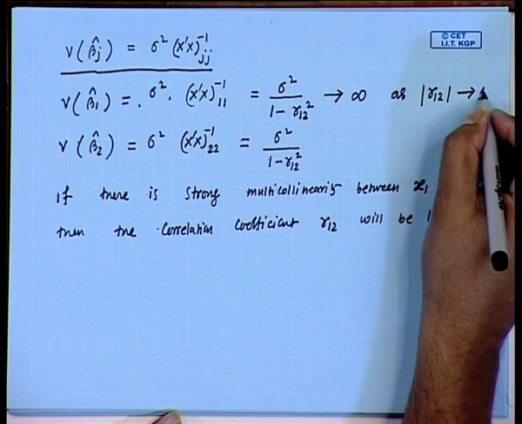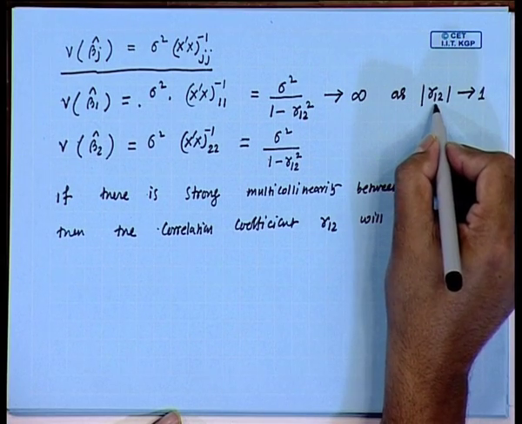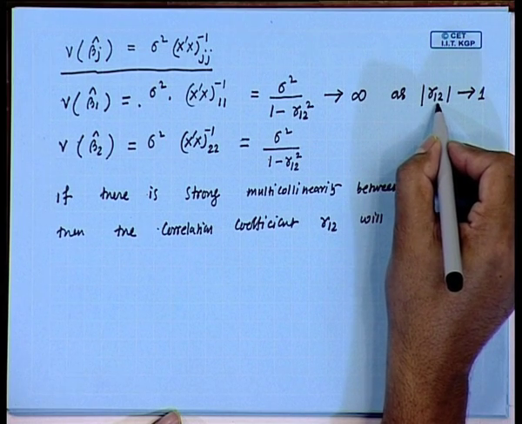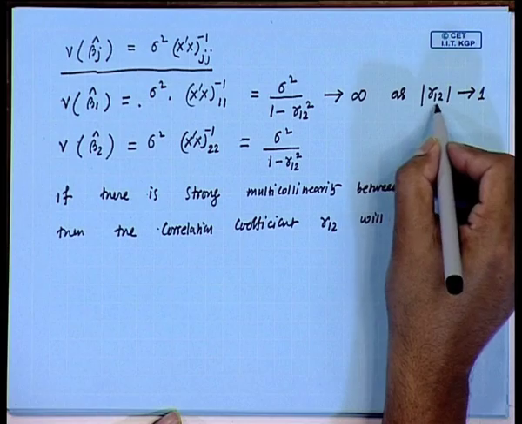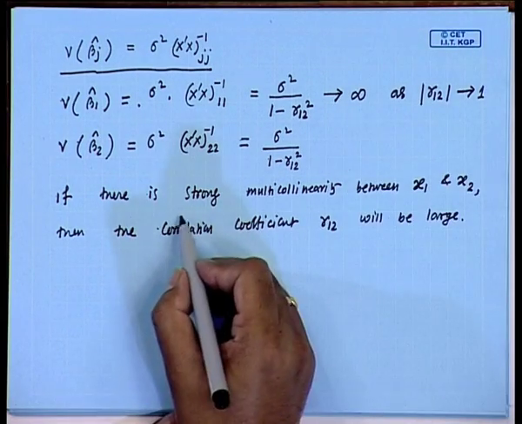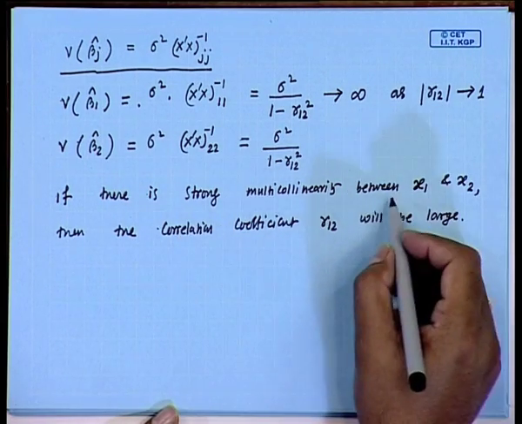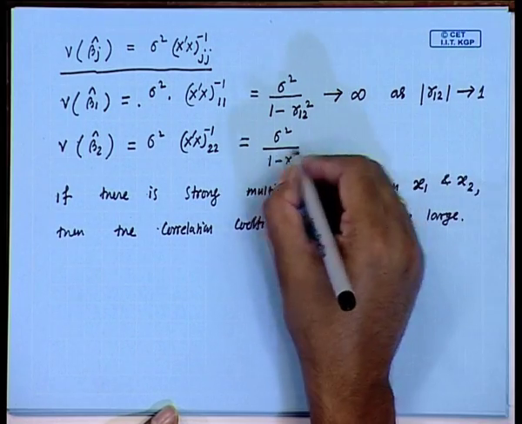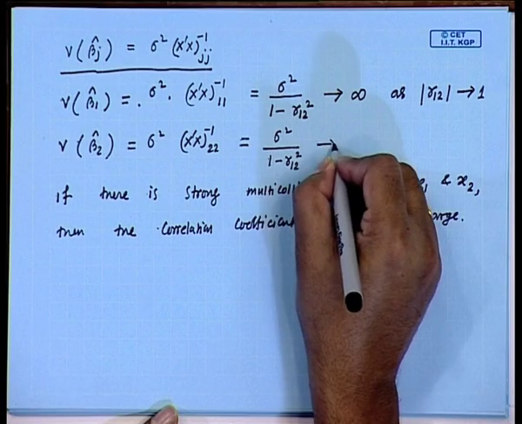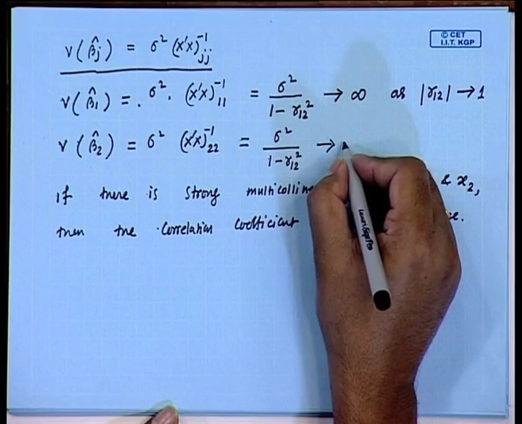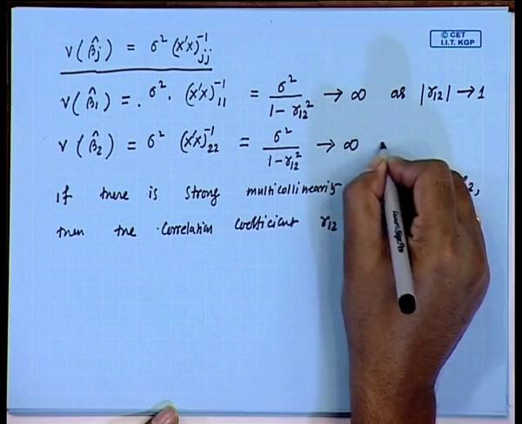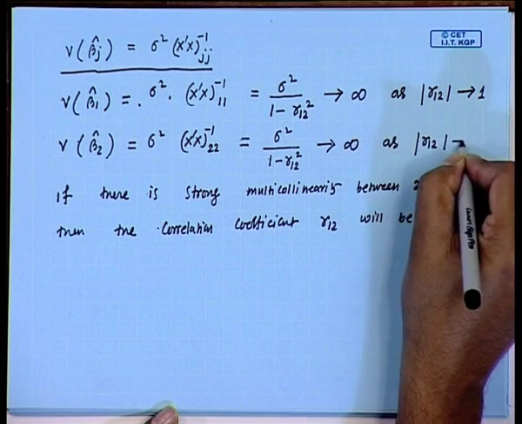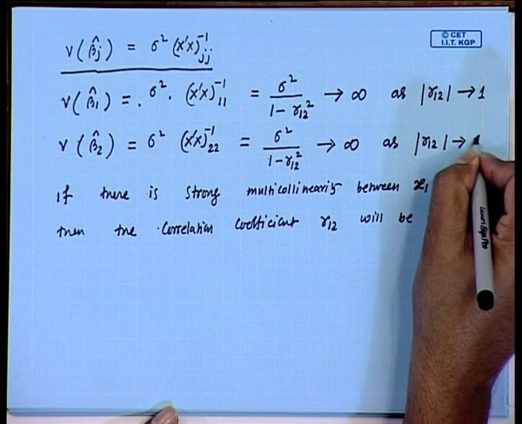This happens when the regressors x1 and x2 are strongly correlated, or you can say when there is strong multicollinearity between x1 and x2, then r12 tends to 1. Similarly, the variance of beta 2 hat also tends to infinity as r12 tends to 1.